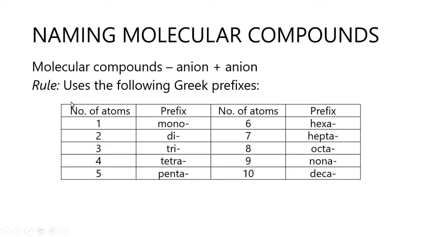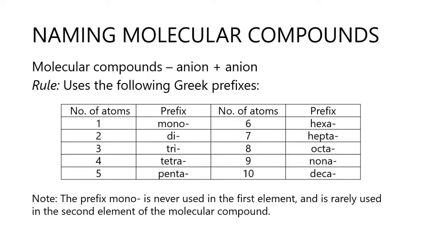For 1 atom, that is mono, 2 di, 3 tri, 4 tetra, 5 penta, 6 hexa, 7 hepta, 8 octa, 9 nona, and 10 deca. Okay, kailangan nyo pong i-memorize itong Greek prefixes.